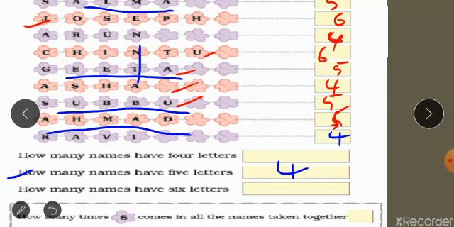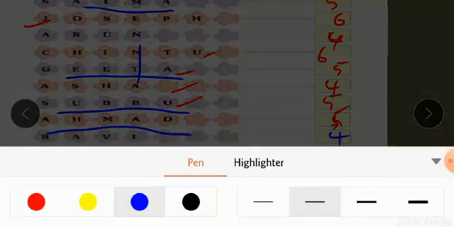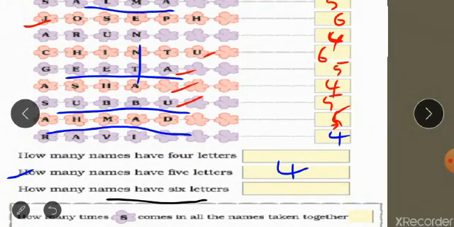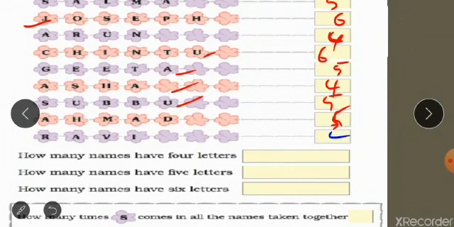And the next question is, how many names have 6 letters? So now you're going to calculate the 6-letter names. Okay, there are 3 names with 4 letters, and for 5 letters, Hamad, Subbu, Geeta and Salma. Am I right?